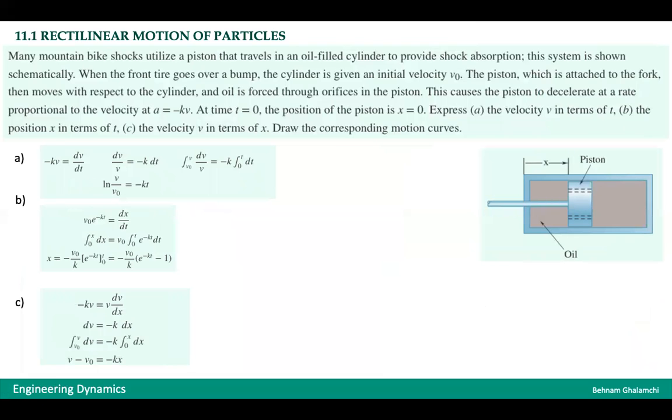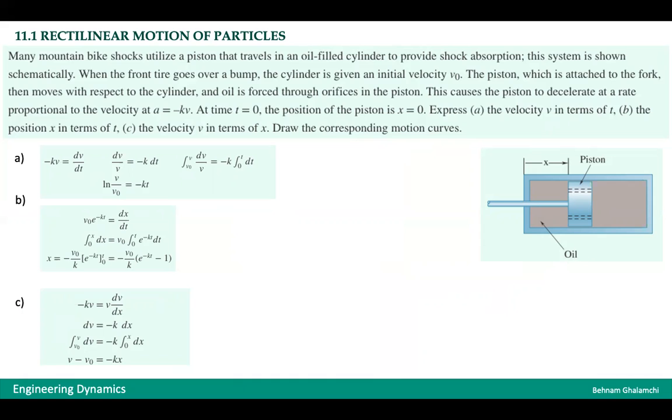Another example is talking about the bicycle shock absorber. It contains the cylinder and there is a piston in it, which is traveling in the oil-filled cylinder, of course. It's telling us that when the front tire goes over the bump, the cylinder will be given an initial velocity v0.